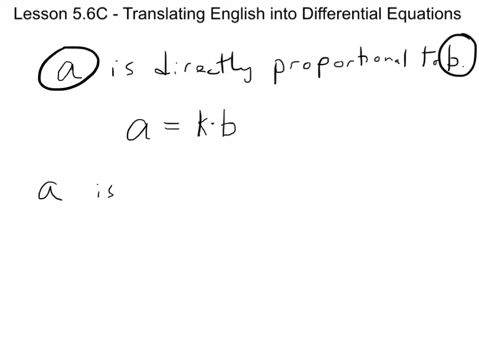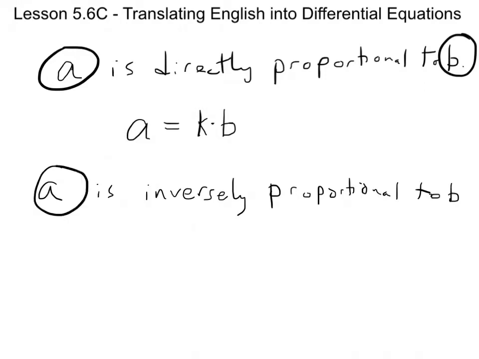If A is inversely proportional to B, it doesn't mean that the constant is inverted, because that doesn't matter. I mentioned before, K could be 3, K could be 2, K could be 1/2, K could be any constant, right?